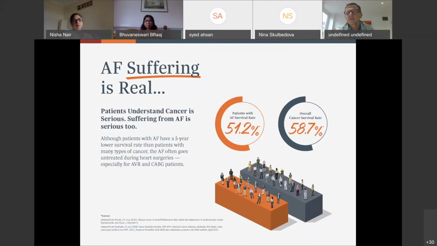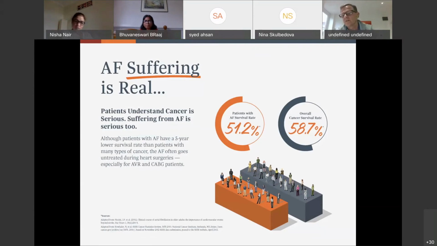Finally, it's strange to think about survival associated with AF. If we look at the survival of cancer overall, of all the cancer patients, on average about 51% of patients survive their cancer. However, with AF, if you were told that you had AF, you wouldn't think that it was a disease that had that sort of mortality rate associated with cancer.